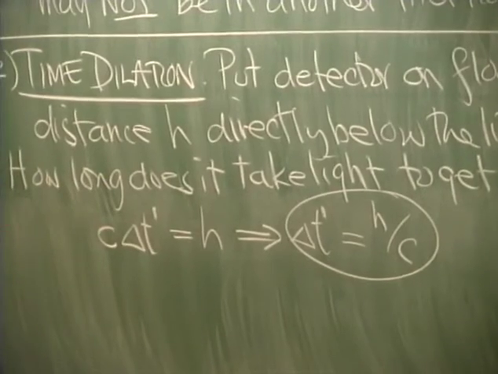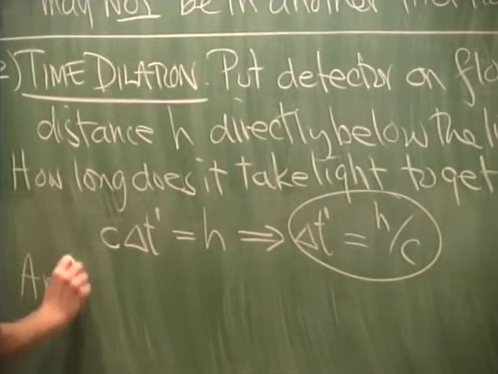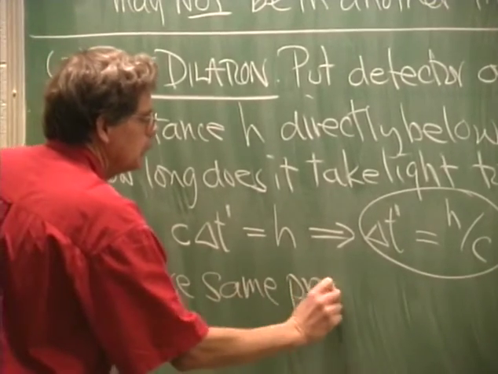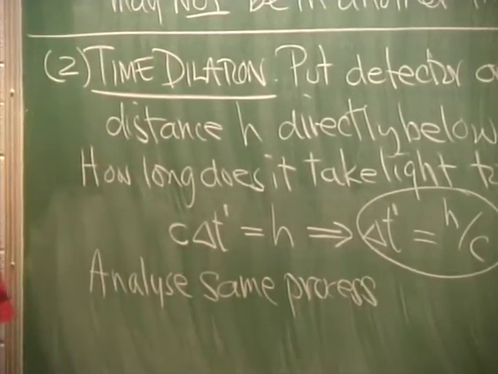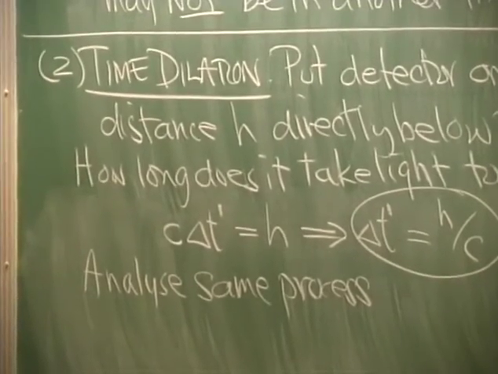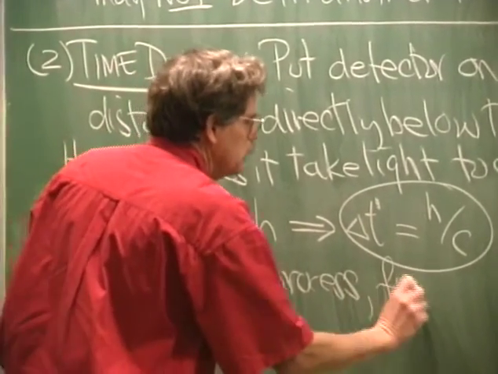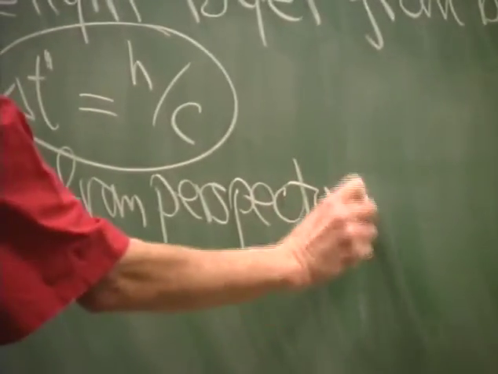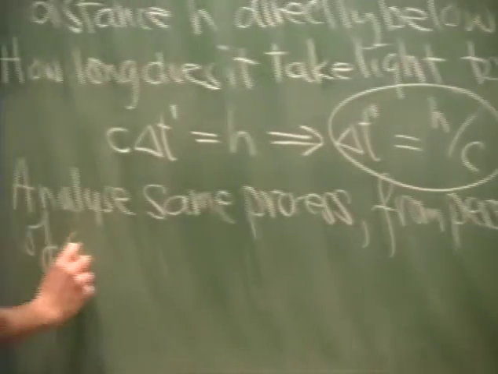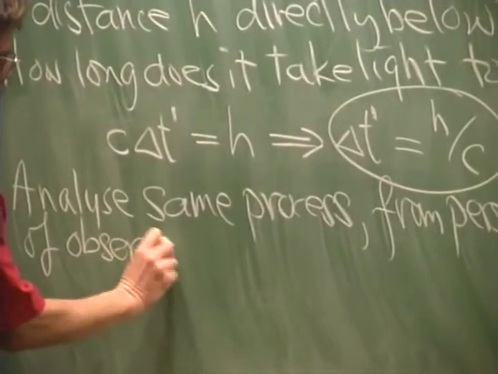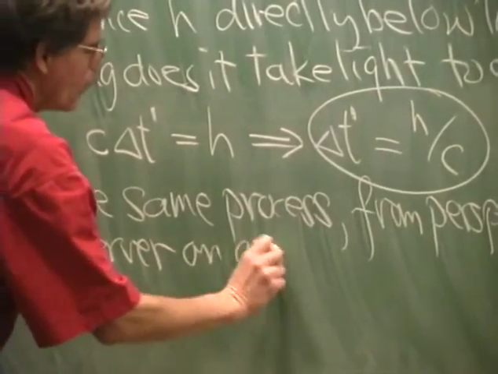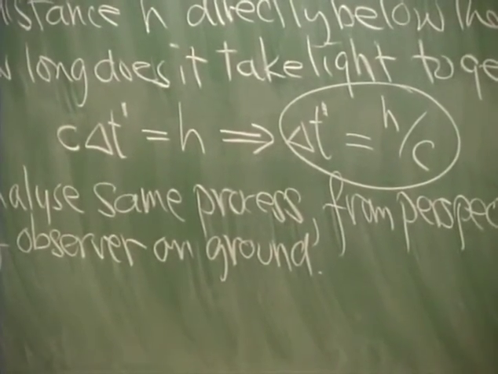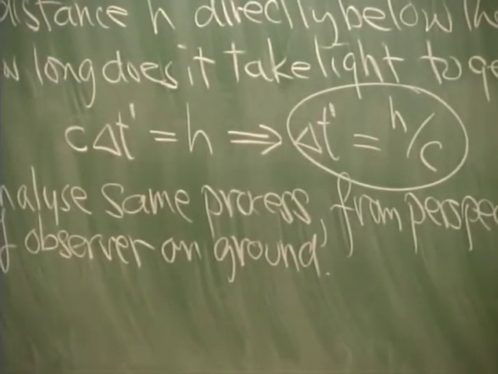Now let's analyze the same process, but from the point of view of an observer on the ground. This time I'll call it delta t, the time as measured by an observer on the ground.